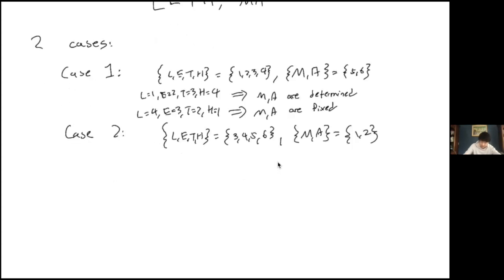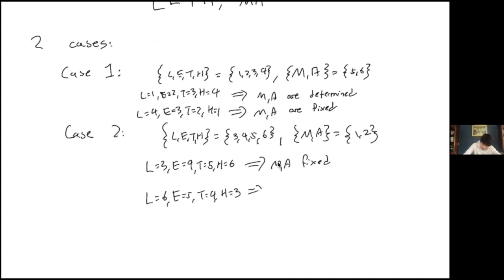And the second case is literally the exact same. If L equals 3, then we get this chain reaction. Or if L equals 6, then we get E equals 5, T equals 4, H equals 3, and then MA fixed.